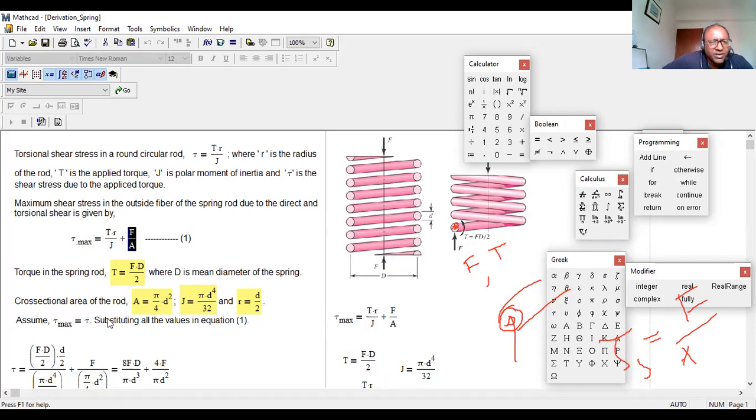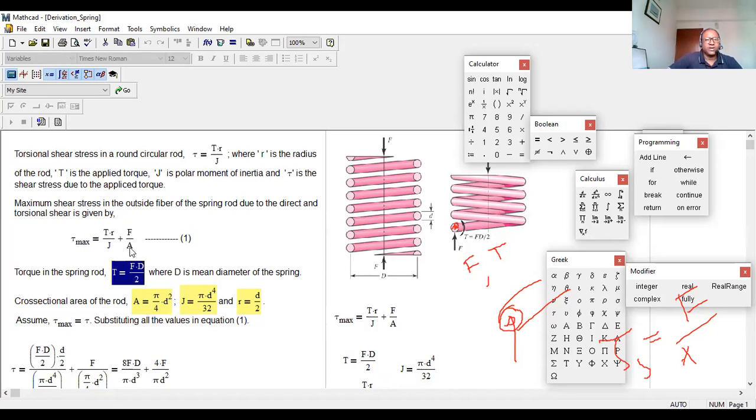Now, you need to figure out the value of T, torque. So the value of torque is Fd by 2. If you take moment over here, you get the torque. So torque equals Fd by 2.